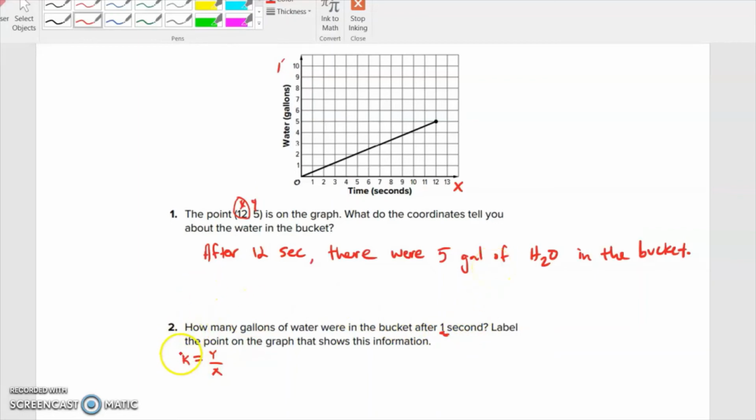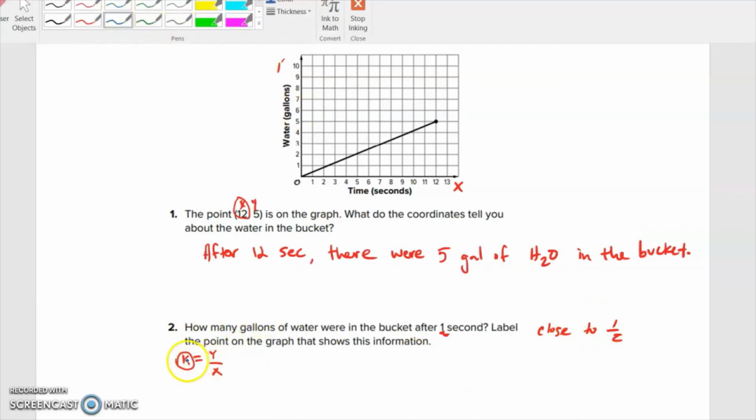In other words, we're finding that constant of proportionality, or that k value. So if I take a guess, just to get an estimate here, after 1 second, it looks really close to a half. That's my estimate.